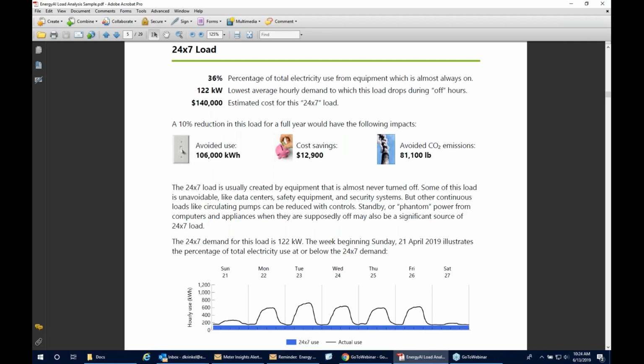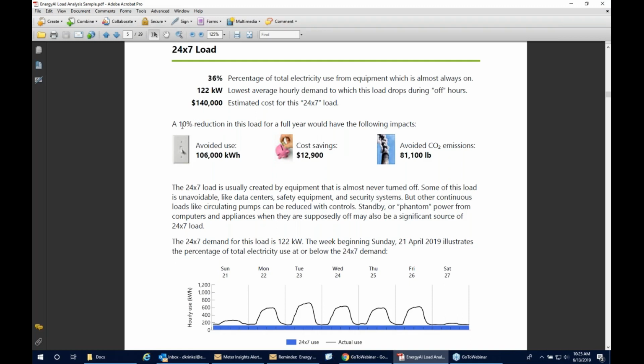So let's say it's 2 a.m. on Sunday nights. We will look at all the 2 a.m.s throughout the full year of data that we have, do a simple statistical analysis, and find out where the typical lowest point is, and we'll say, in this case, it's 122 kW.